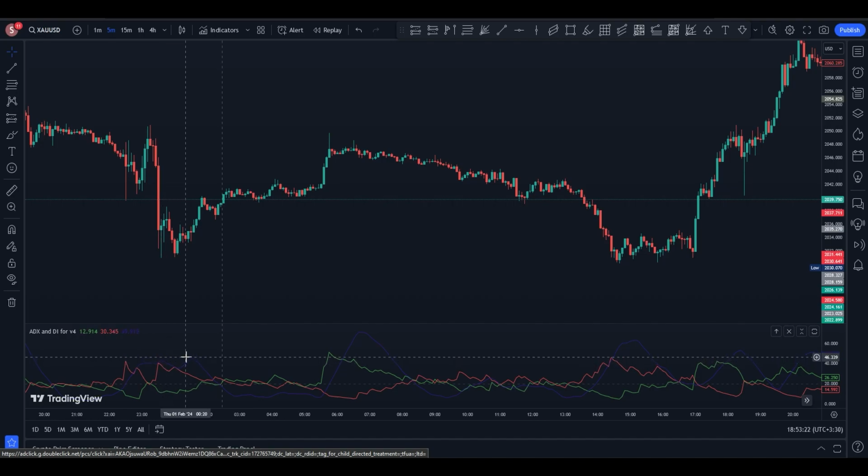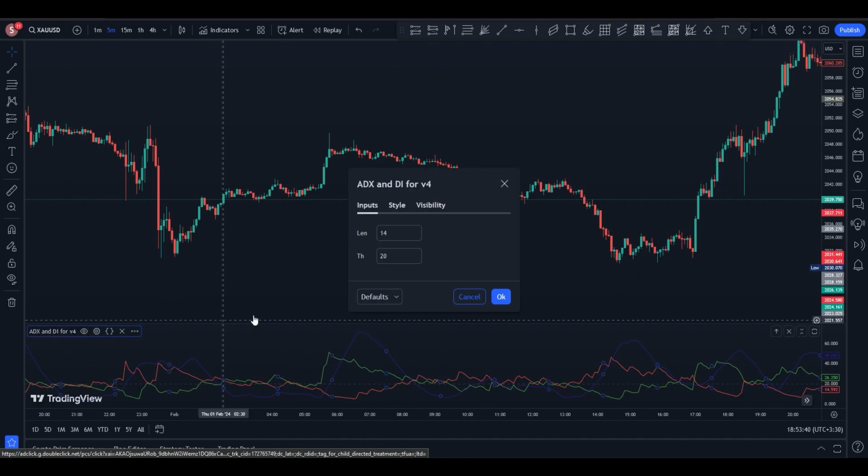Here we have the ADX line shown with a blue line, DI plus with green and DI minus with a red line.